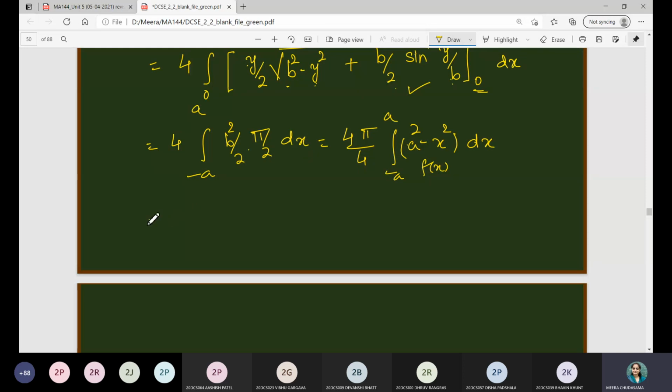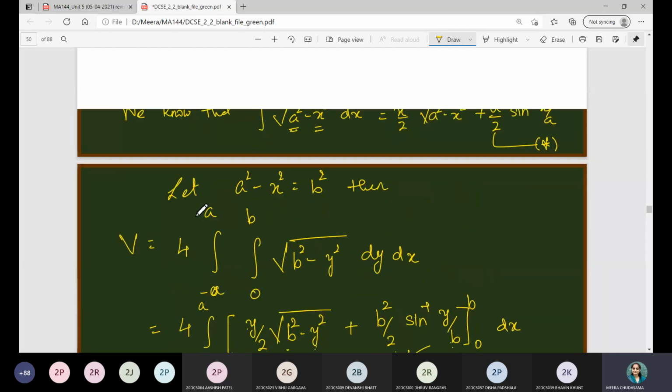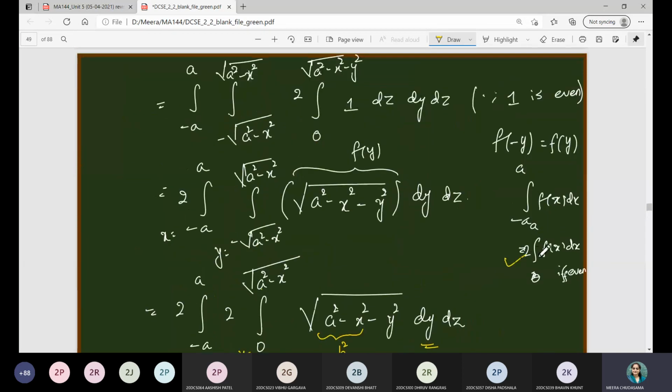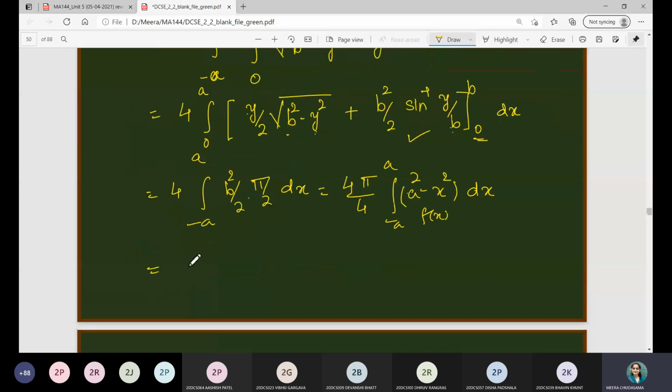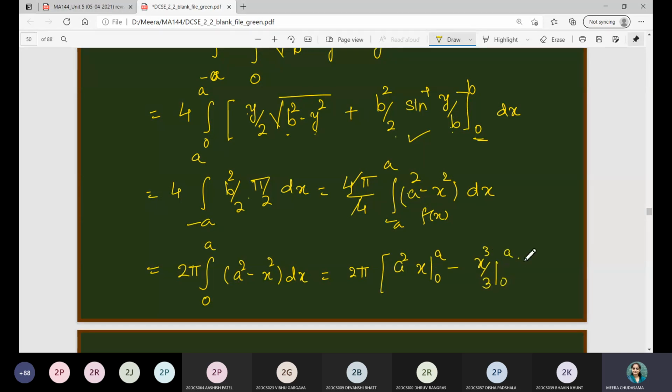So again I can apply that formula. Which formula of integration? This one I am talking about, right? So applying that formula we will have 2 times 0 to a pi, a square minus x square dx. And if you solve this integration, you can see that a square x from 0 to a minus x cube by 3 from 0 to a.